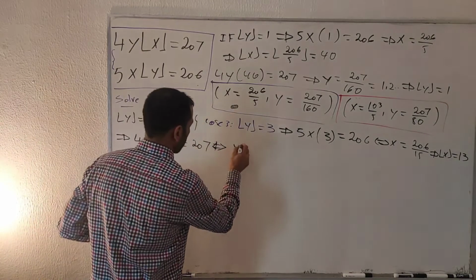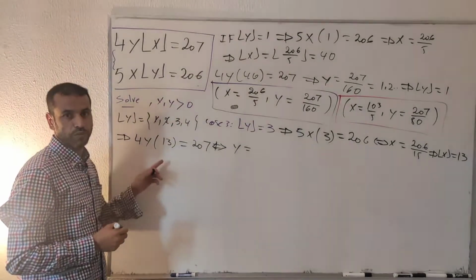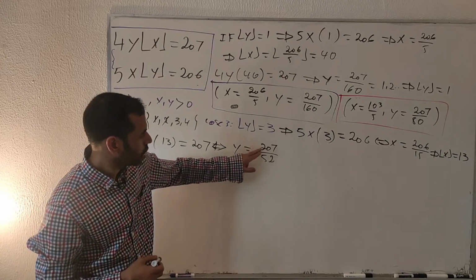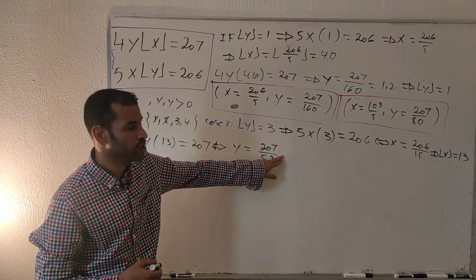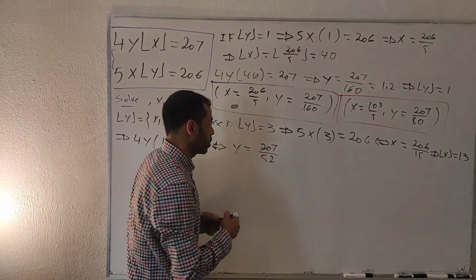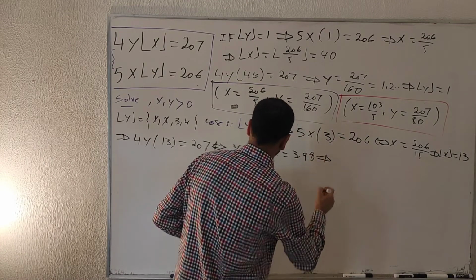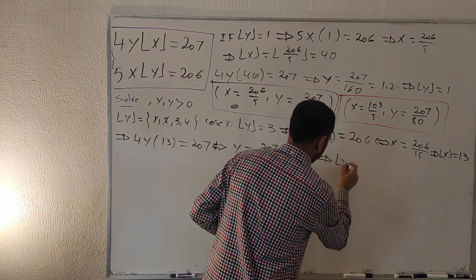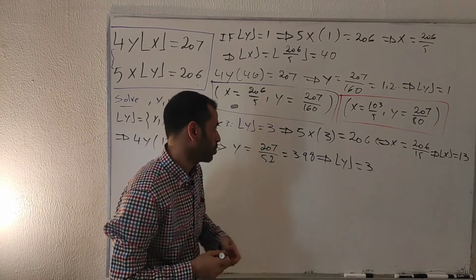Now y equals 207 divided by 52, because 4 multiplied by 13 is 52. If you calculate this, it gives you 3.98. If you apply the floor on y here, I get 3, not 4, because you round the number down to 3.